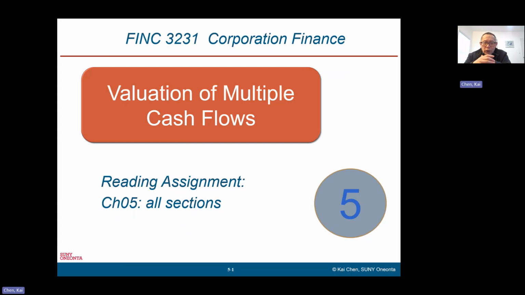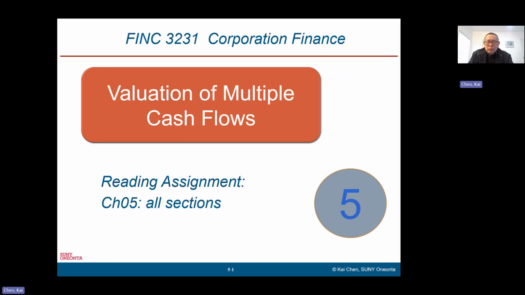If you work, then you expect to receive a salary on a monthly or bi-weekly basis. Anyway, all these circumstances involve multiple cash flows.